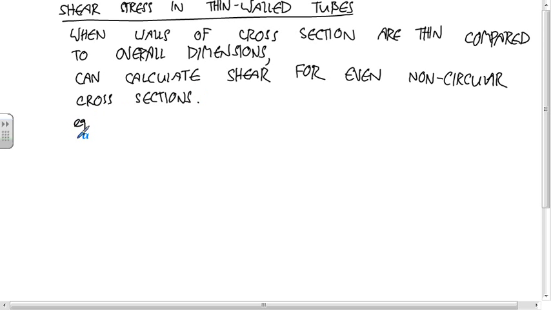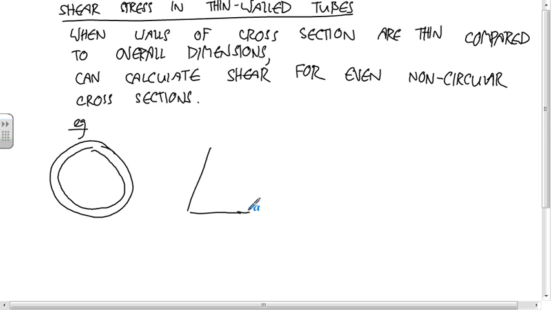So for example, we can do this. This is the one that we could have done already, but we can also do this.